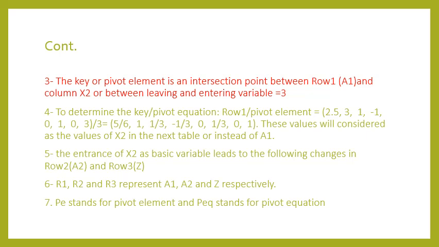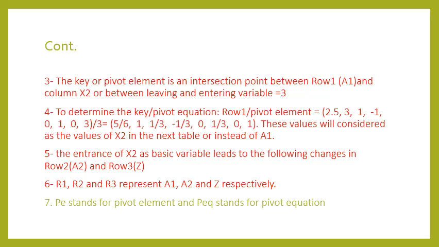These values will be considered as the values of x2 in the next table, instead of A1. Okay. The entrance of x2 as a basic variable leads to the following change in row 2 and row 3.